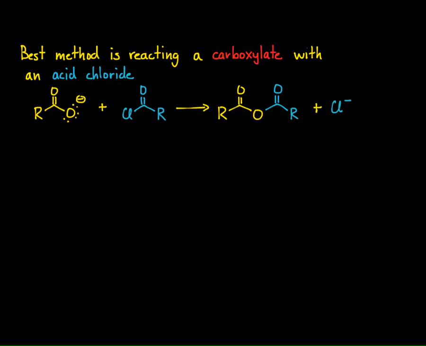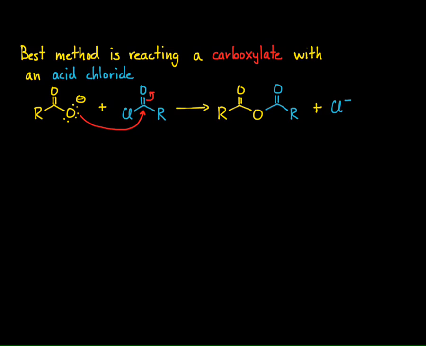In what we just talked about, reacting two carboxylic acids, basically you have to have a carboxylic acid that's undergoing a dehydration, and the R groups are the same. With this method, you can see that the R groups can actually be different. So you can make asymmetrical anhydrides in this fashion.